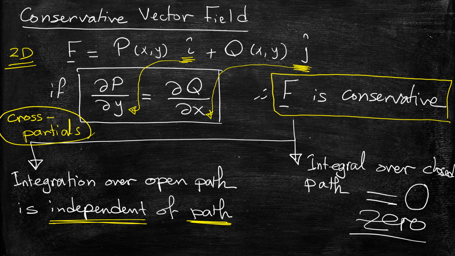So this means, assuming we have some path from point 1 to point 2, previously, if you were integrating along this path, the value of this integration would be completely different than along this path. It will also be different from this path.